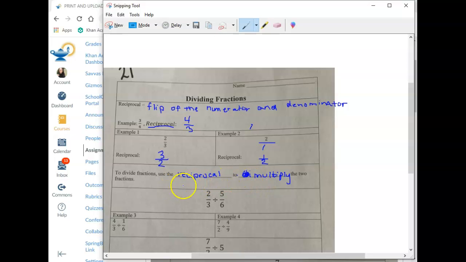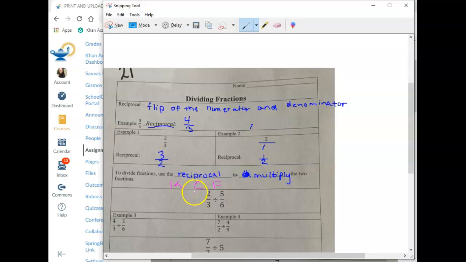And what does that mean, Miss Bennett? Well, when you are dividing fractions, I'm going to change my pen color because this is so important. You can't get it messed up with the other one, but this one is going to be keep, change, flip.